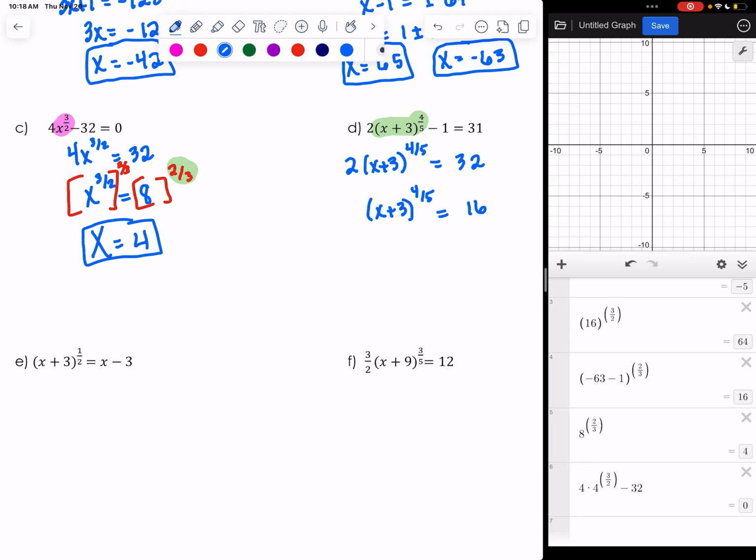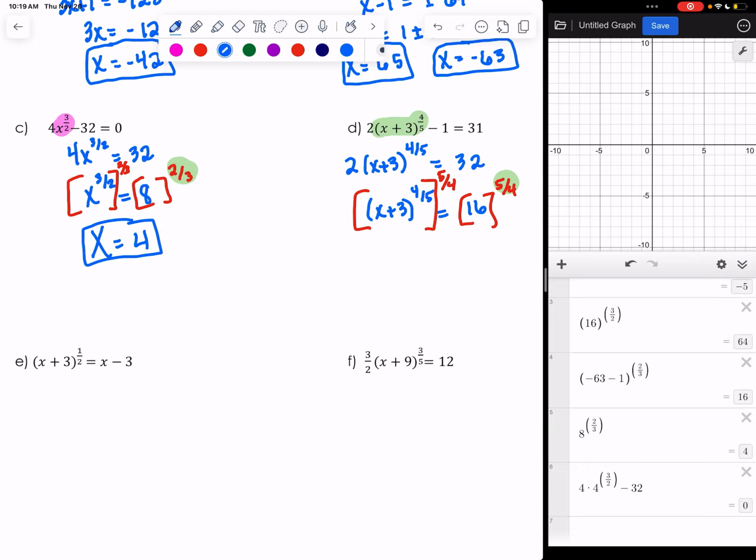All right. Now I want to raise both sides to the reciprocal power. So the reciprocal would be 5/4. All right, now let's talk about if we need plus or minus. So look at the power we just raised it to, and look at the denominator. The denominator is 4, which is even.